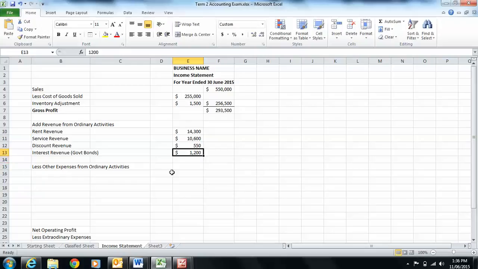So if we add all that extra revenue up, it gets to $26,650, and our total so far is going to be our gross profit plus our other revenue. But then, of course, we've got to add in all our expenses.